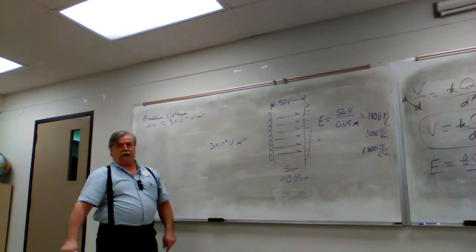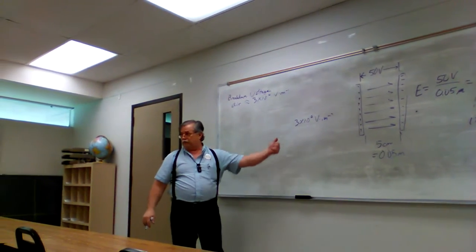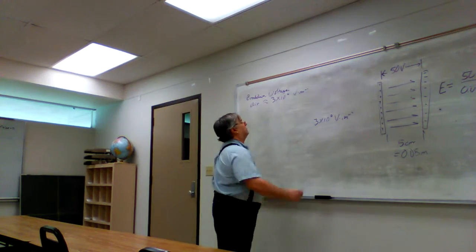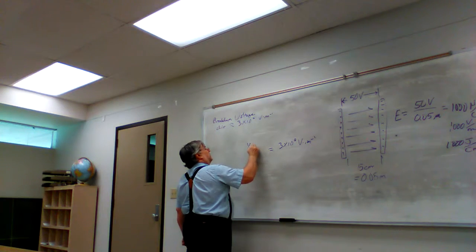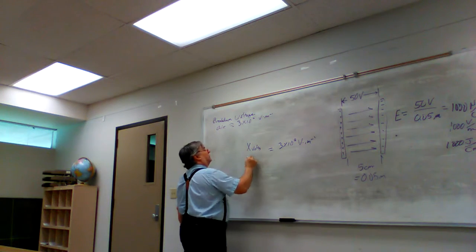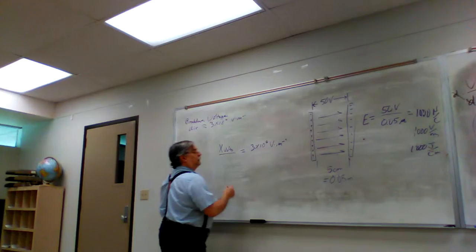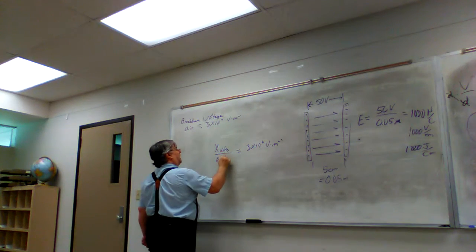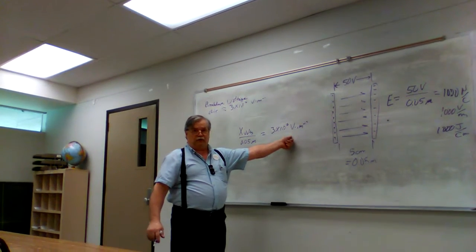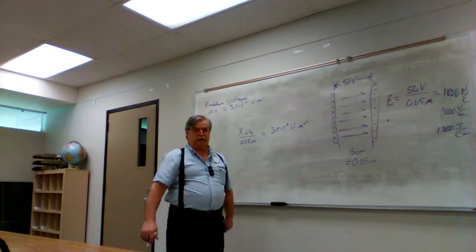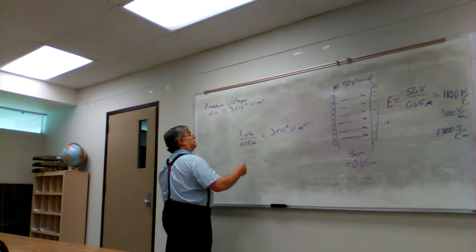You're going to get breakdown, you're going to get arcing when you reach 3 million volts per meter. So you want to know X number of volts divided by 0.05 meters. When that reaches 3 million volts per meter, you're going to start seeing sparks arcing.